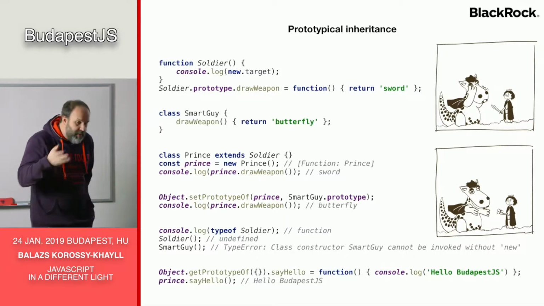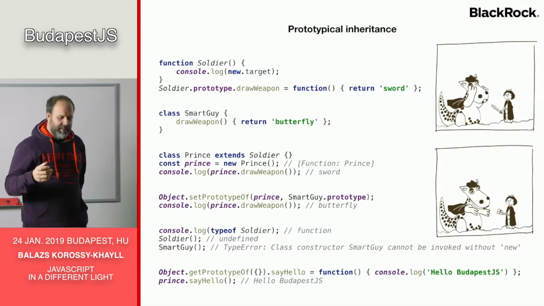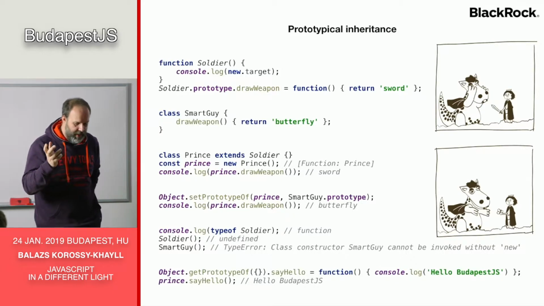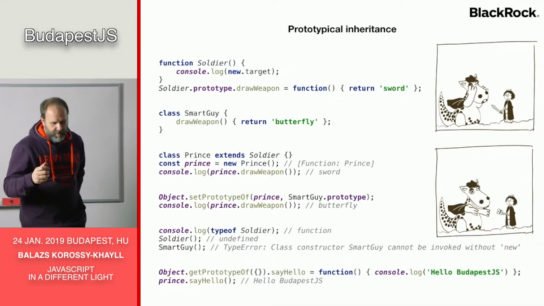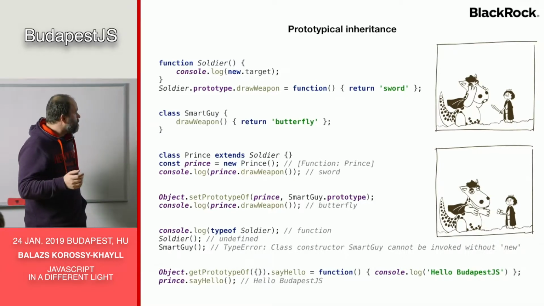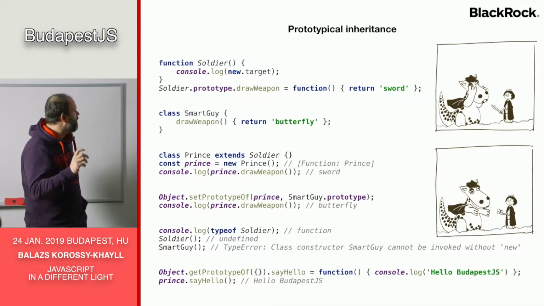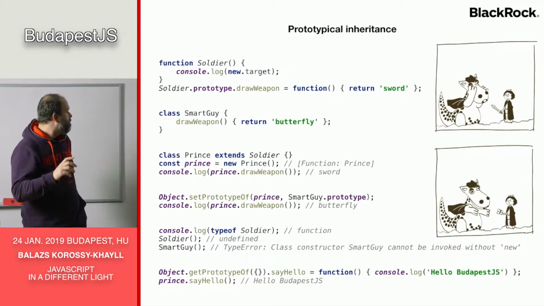So prototypical inheritance, if you say that, then that kind of implies that there's another kind of inheritance, which is class-based inheritance, for example. The classic example is Java. Now, there are a lot of differences, but I just want to point out one very major difference.